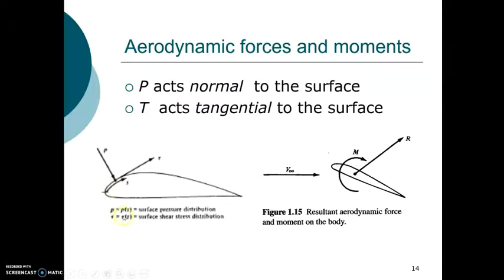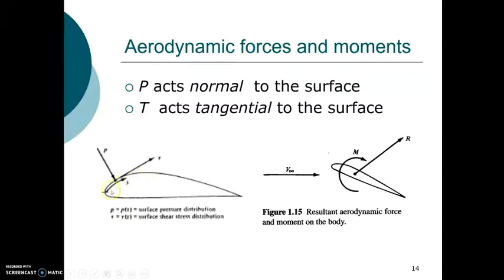Here the pressure and the shear stress are functions of S, where S is a measure of the distance along the body surface. So at any position on the body surface, the pressure may be different and the shear stress may be different.